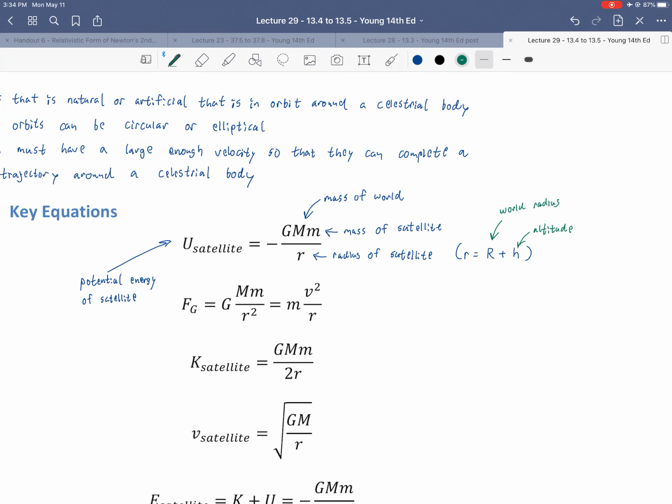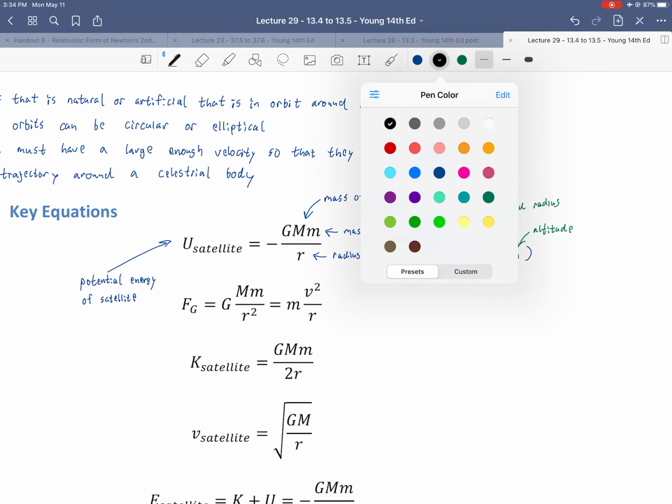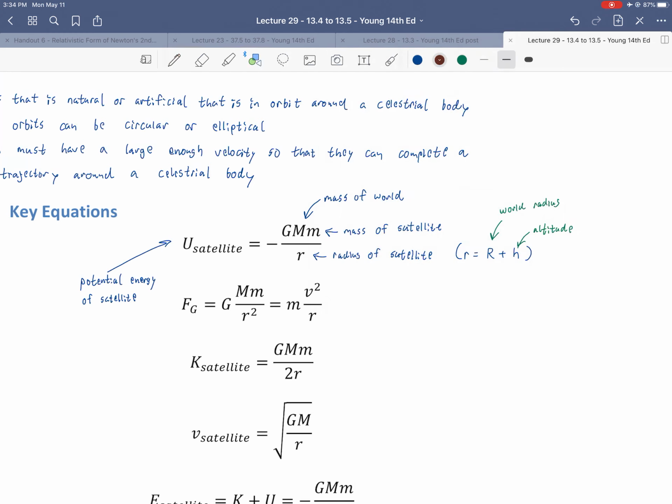So if we imagine our world, all right, like so. So some circular planet. Let's give it a radius of big R. Okay. And then we'll have our satellite at a height of little r. And then the orbit will look something like this.